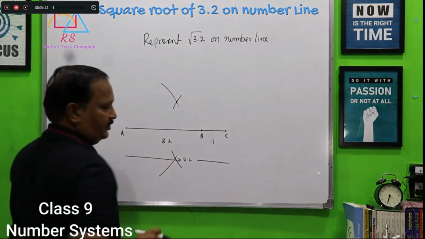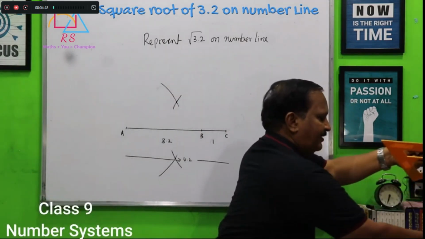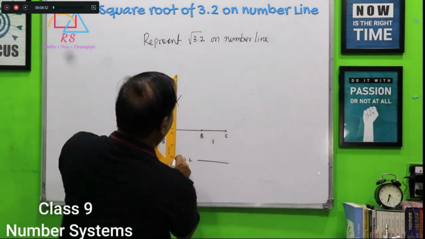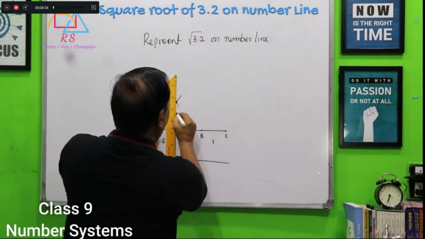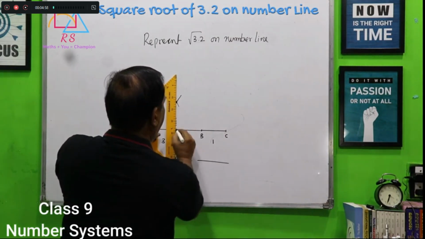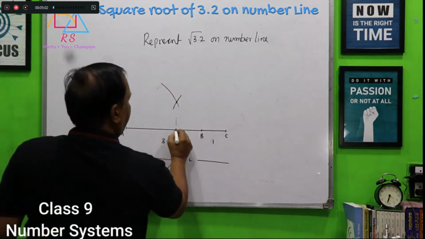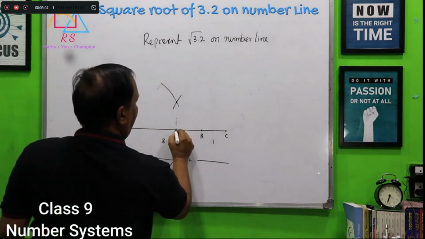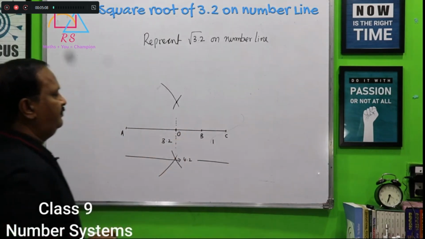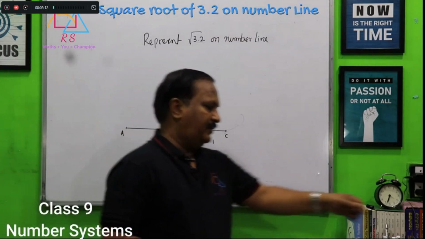Right, so then I will take my scale again and I will use these dots. I'm not going to draw, this is the midpoint. Let us say this is O. Okay, so why do we have to find the midpoint?